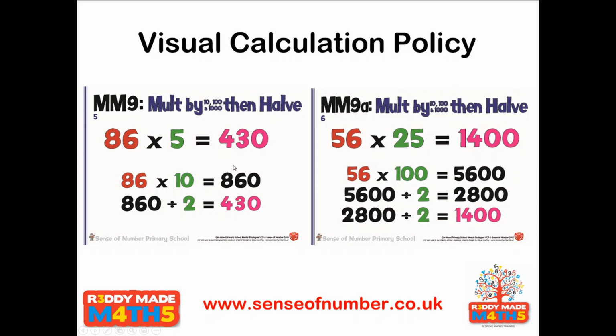It can be done in a fraction of a second, as long as we recognise multiplying by 5. Oh, we'll use that strategy, we'll multiply by 10 and half it. Similarly, 56 times 25, we looked at that one back in the ready-made maths classroom. Well, we do 56 multiplied by 100, 5,600, and just half it twice, 2,800 and 1,400.